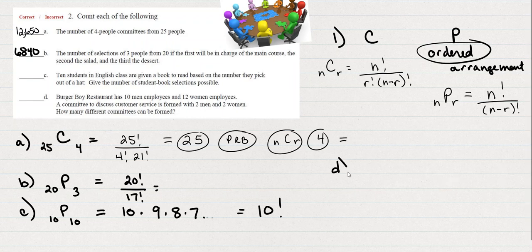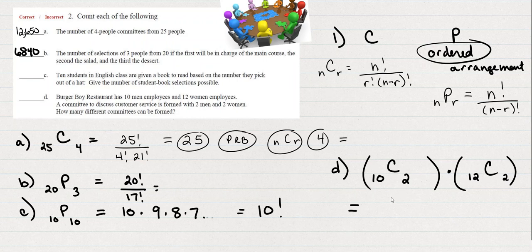Part D is a little bit different because we've got 2 different things. We've got 2 combinations going on at once. Burger Boy has 10 men and 12 women, and there's going to be a committee of 2 men and 2 women. With it being a committee, it's a combination. So we have a combination of 10 men chosen 2 at a time, and then we're going to multiply that times the different ways that we could build the committee of women, 12 women chosen 2 at a time.